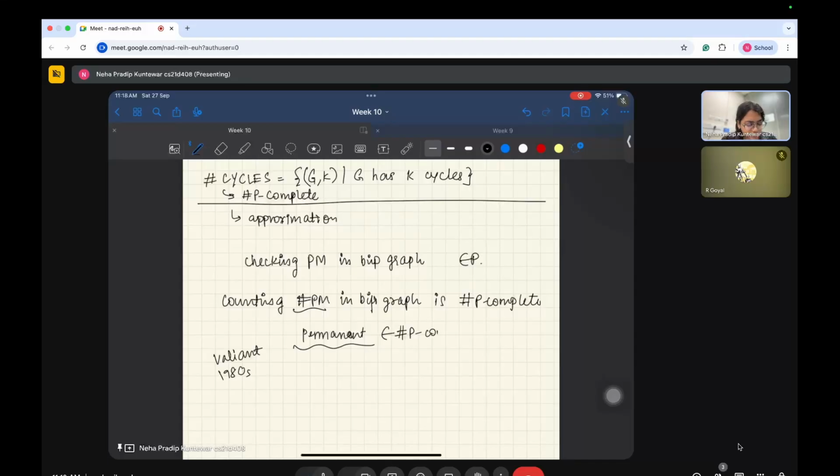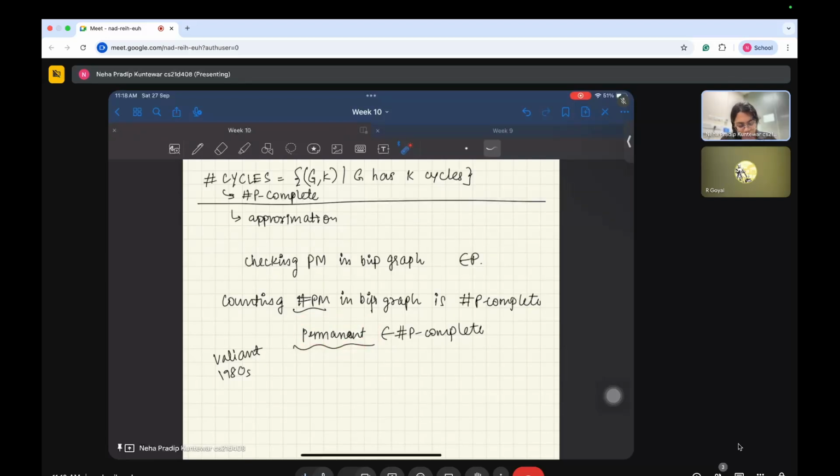Later on, they saw that the sharp SAT problem reduces to permanent, and permanent reduces to sharp SAT, and so on. Then several other problems were established to be Sharp-P complete, but this was the first among the set.